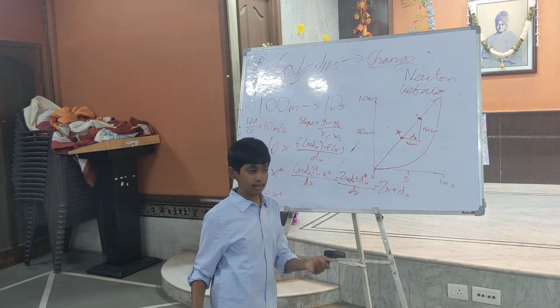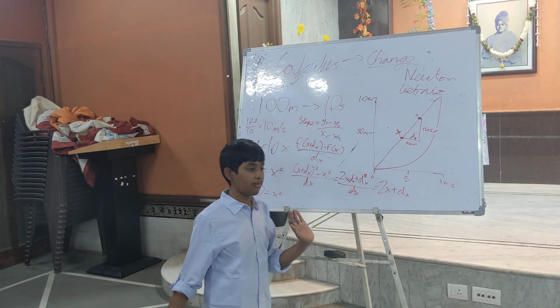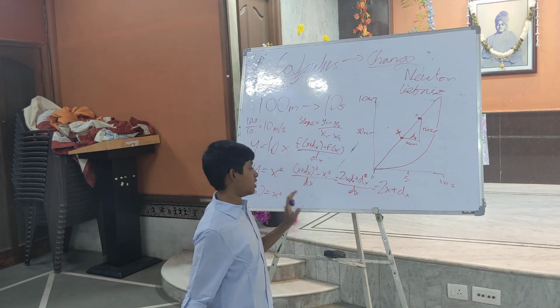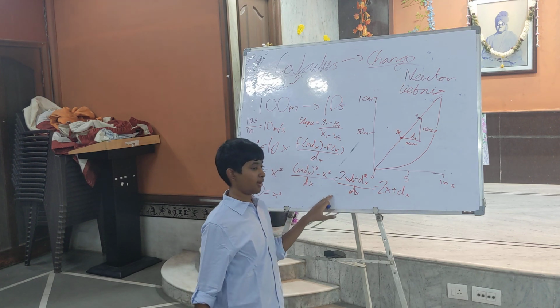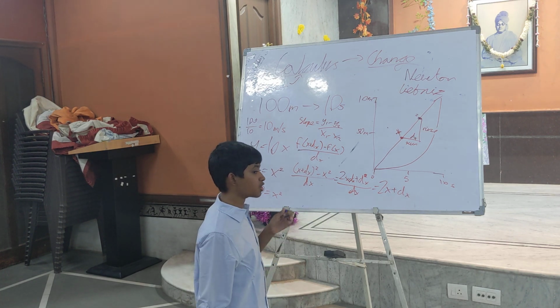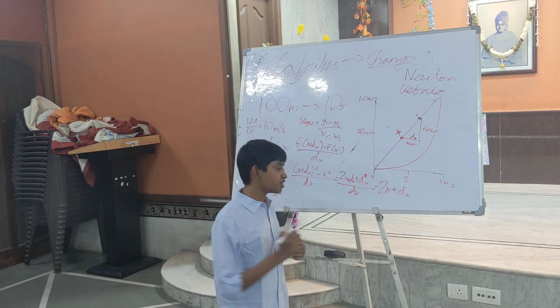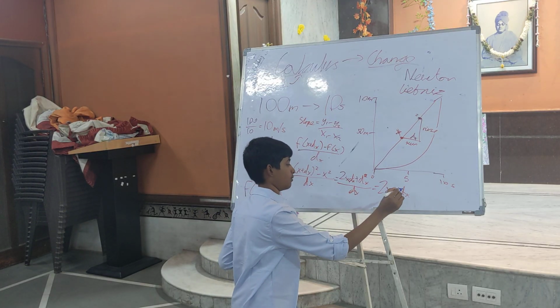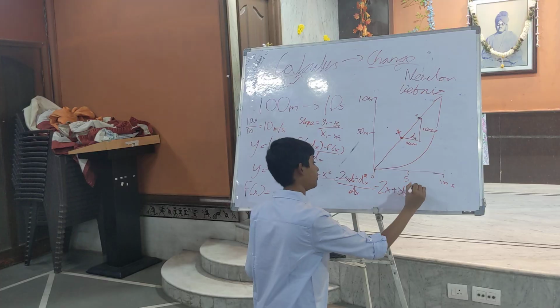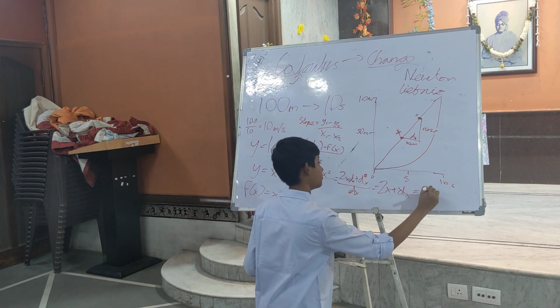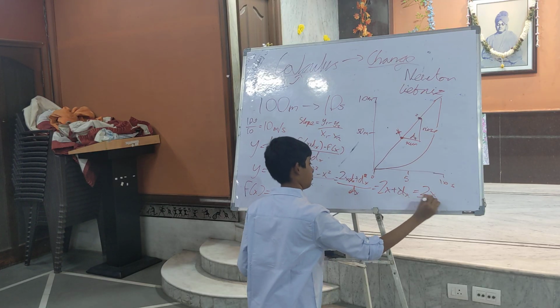But remember what I said, dx is a very small value. Now it is not 0, because we are dividing by it, and we cannot divide by 0. But it is so small that Newton's ingenious trick was, if it's so small, ignore it. So we cut off dx from this value and the final result comes out to be 2x.